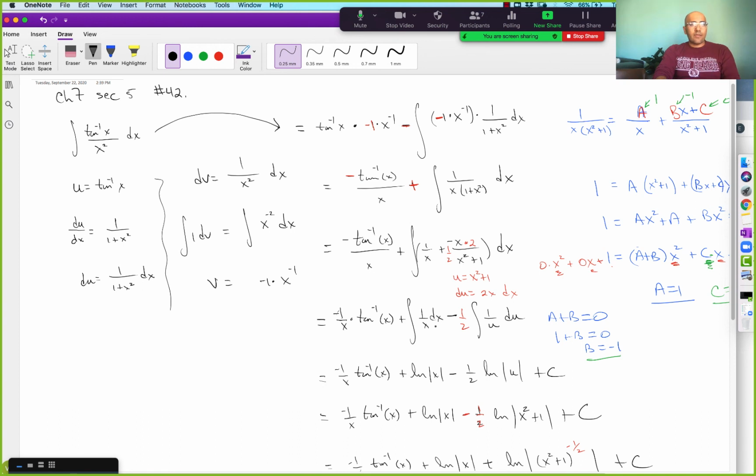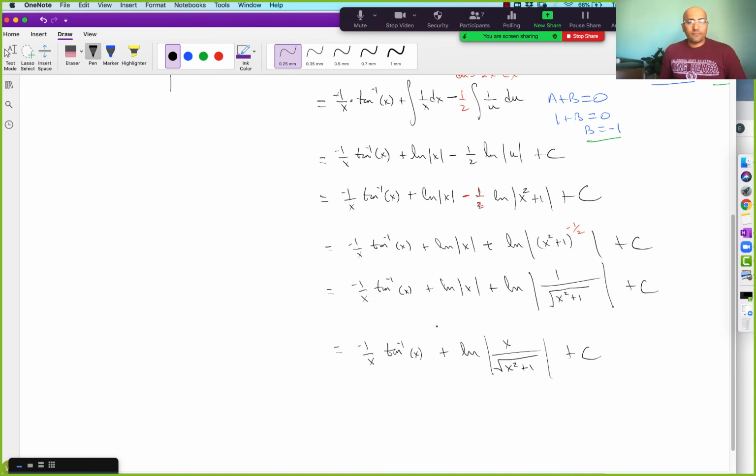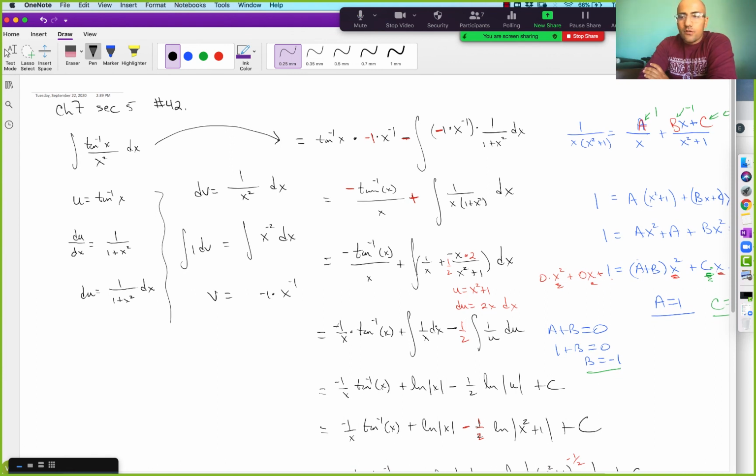So we start off with a nice straightforward integration by parts, but then that leads to this ugly thing. So then we have to separate it using partial fraction decomposition, and then do a little bit of algebra to simplify our final result. Good? Questions? No?